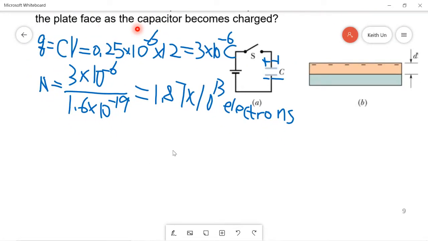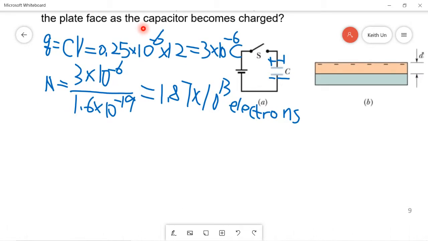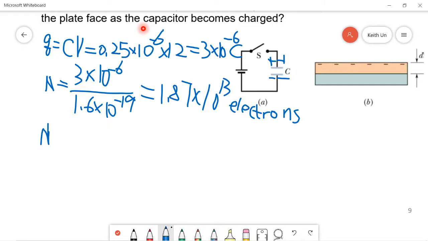Of course, we have the density. So n should be equal to the density times the space, the area times the width.